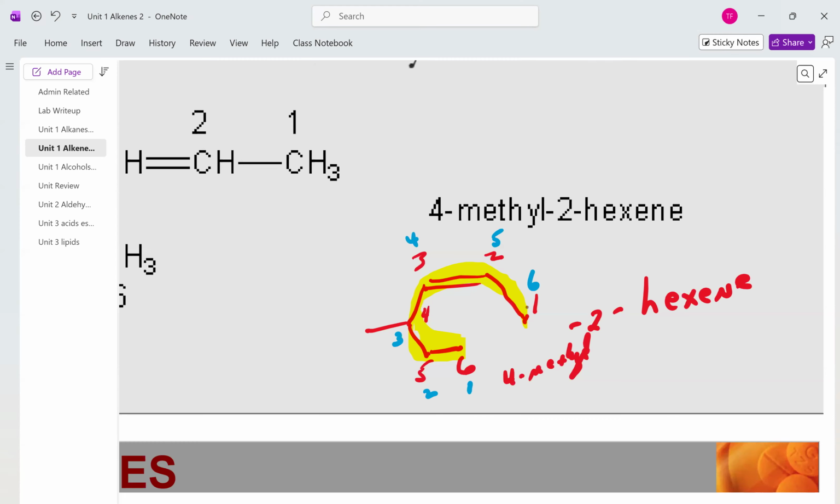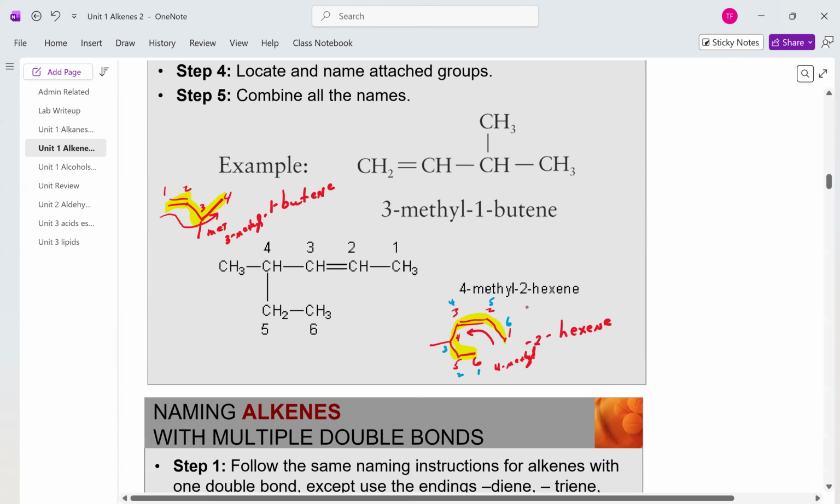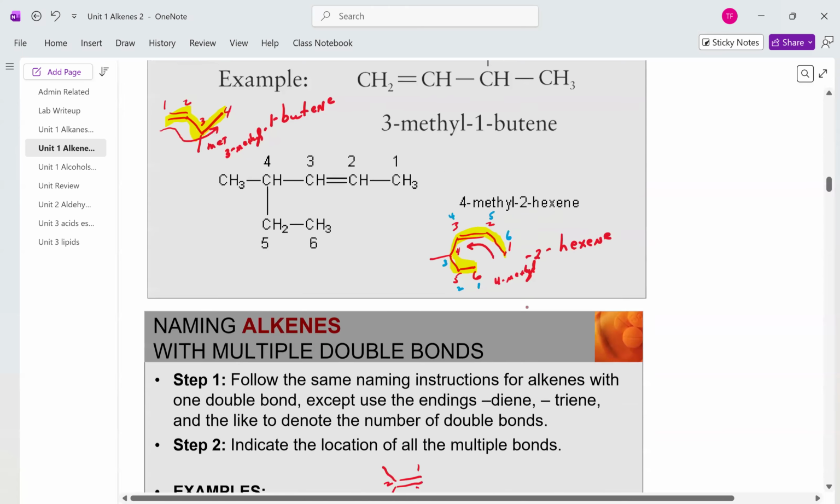Okay, so the only tricky part with hexene or alkenes is what carbon number does a double bond start out? So in this case, since we started on numbering on the right, the first time we hit a double bond is on carbon number 2. That's why it's 2-hexene. You can also have multiple double bonds.